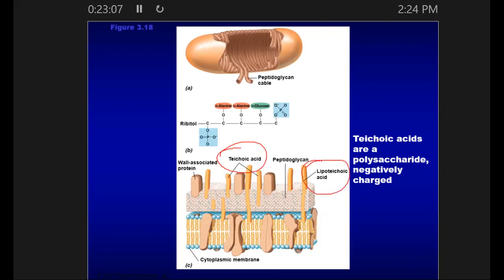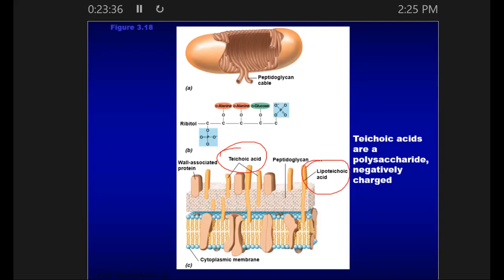So really, if it's teichoic acid, it just kind of sticks in the peptide. Lipoteichoic goes further down into the fatty acid region. That's the only difference there. So it can vary in overall size, but gram positives tend to have quite a bit of teichoic acids mixed into their peptidoglycan. And again, they think that it does give some structure and rigidity.